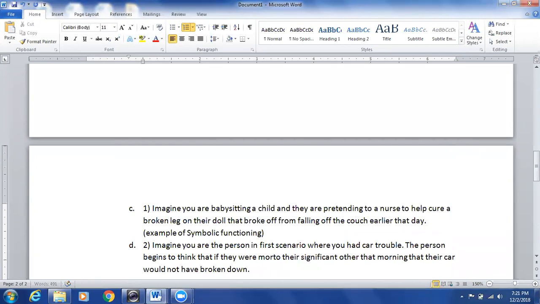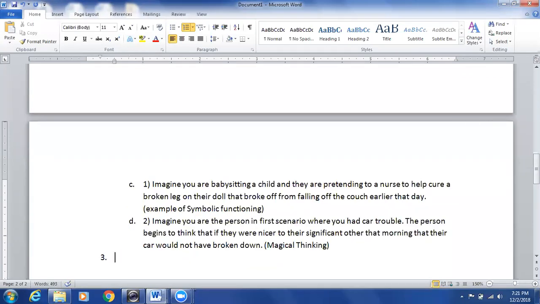Yes, that would be an example of magical thinking. Now you guys are getting it. I was going to say, hopefully I didn't lose you guys.